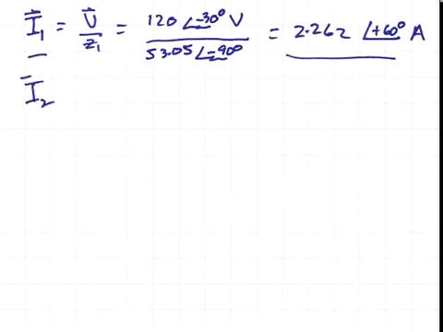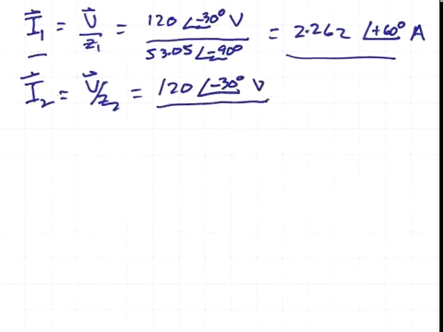Similarly, I2 is equal to V divided by Z2, and that's equal to 120 at an angle of minus 30 degrees volts, divided by our Z2 value of 25.048 at an angle of 37.016 degrees.